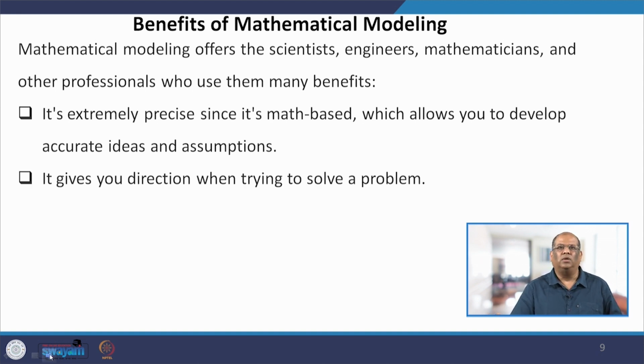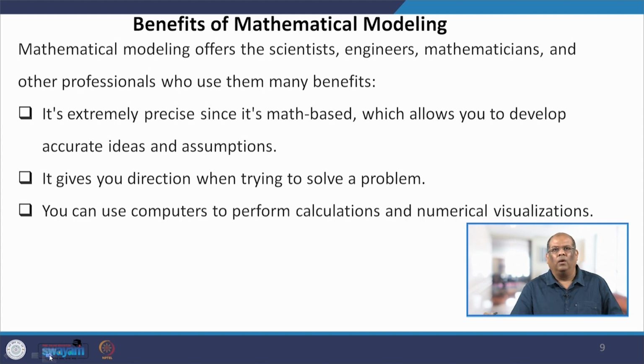Then once you have this math based thing, it gives you a direction, it gives you an idea when you try to solve that particular problem. While solving the problem, if you can solve in an analytical method, it is fine, but at the same time you need to perform numerical results. Once you get these numerical results, you can use a calculator, you can use a software. In our case, we will be using Microsoft Excel to get this numerical solution, and hence the numerical visualization of that solution.